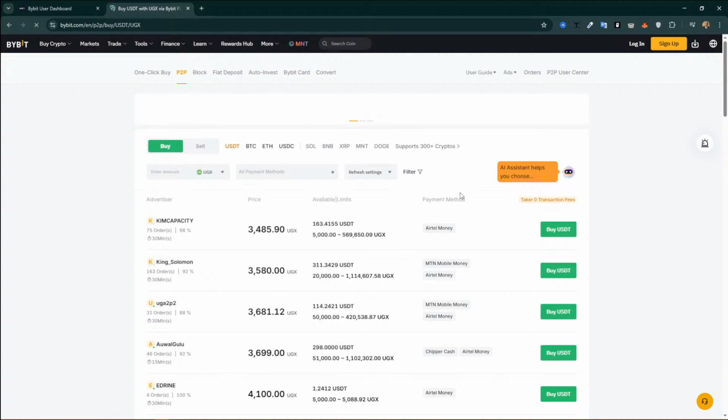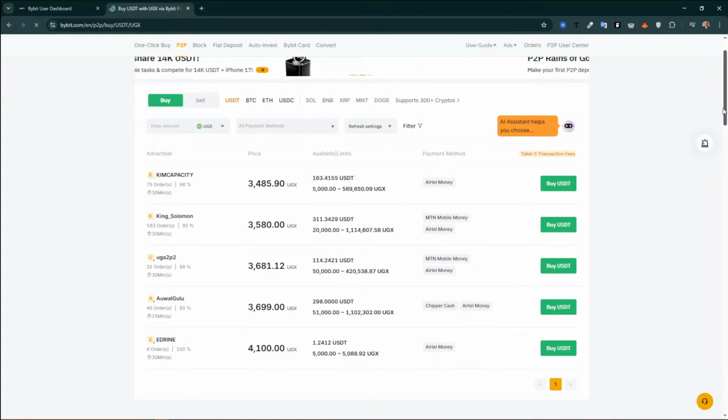Okay, so I was saying P2P is peer-to-peer or person-to-person. So you're simply buying crypto from someone who sells crypto on this platform. People come here and register to sell crypto, in the P2P user center. They register here to sell crypto using various methods, depending on their country. Remember, for us we chose Uganda, and so all the people we see here are offering these services in Uganda. For example, this one is offering MTN Mobile Money and Airtel Mobile Money.